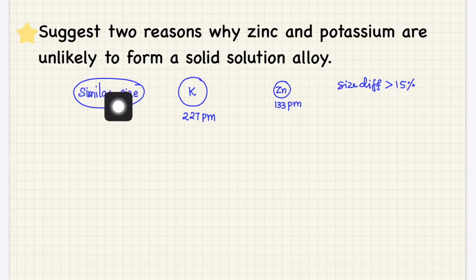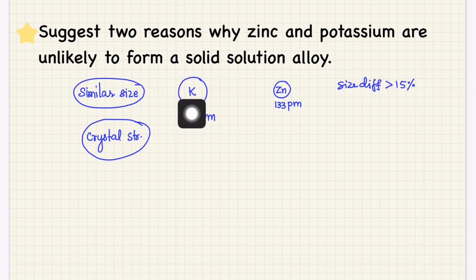So the first Hume-Rothery condition is violated here, not satisfied. Now, another condition for forming a solid solution alloy is that they should have the same crystal structure. If we see the crystal structure of potassium metal, it is BCC, body centered cubic. And zinc is basically HCP, hexagonal close packing.